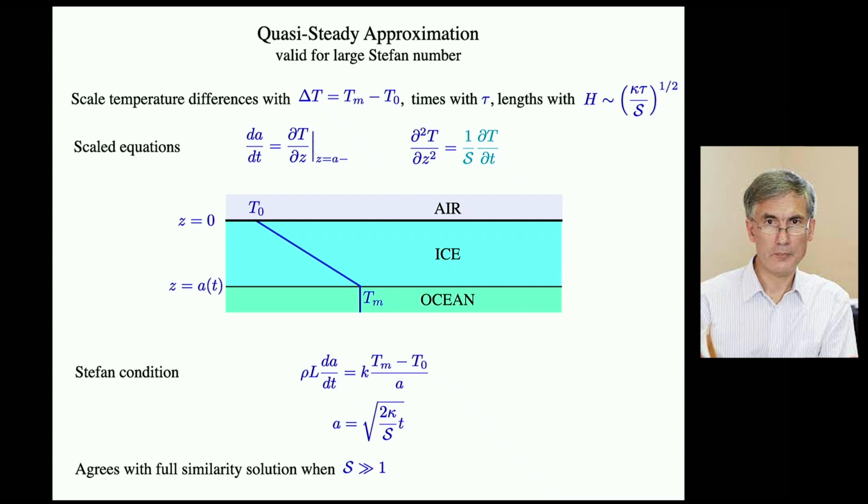So even in my example that I had up earlier, where I had a surface temperature of -20 and seawater at -2, temperature difference roughly 20 degrees, this Stefan number is 4. And actually 4 is a pretty big number, it turns out. No, seriously. It's a pretty big number in terms of making really quite accurate predictions of what's going on.